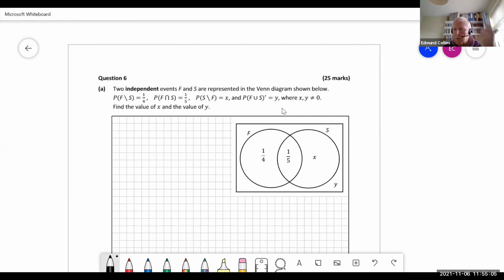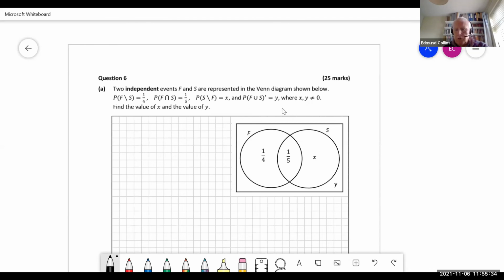Remembering back to the rule we looked at, this is good news here. They're independent events, so there's no dependency. That's good, it's going to be a simpler problem. So they're independent events, F and S. They're represented by the Venn diagram.